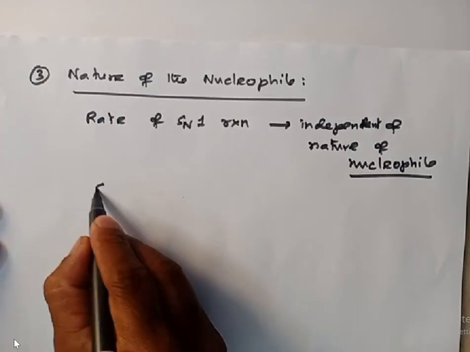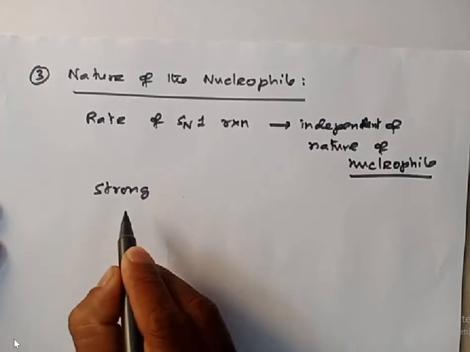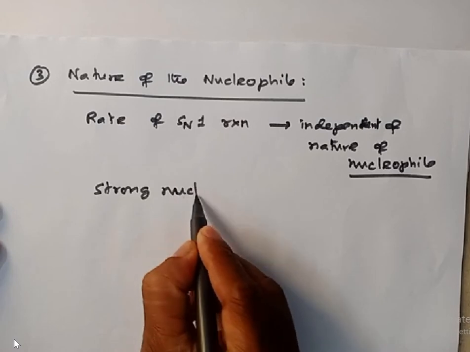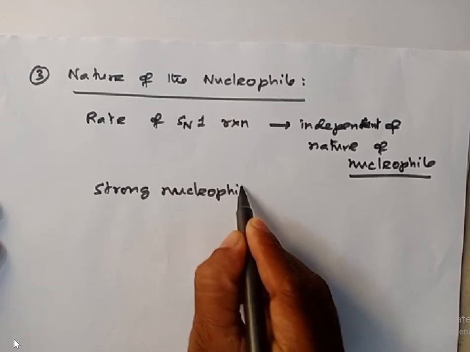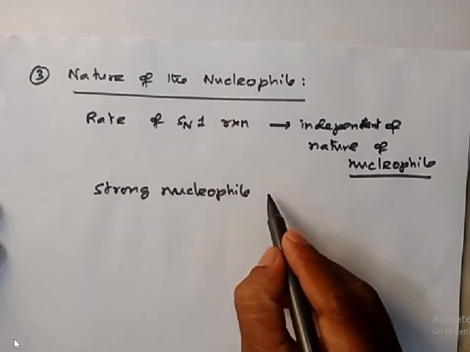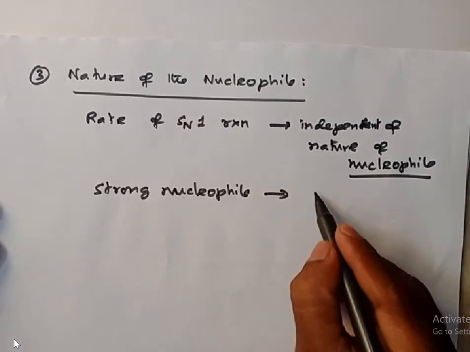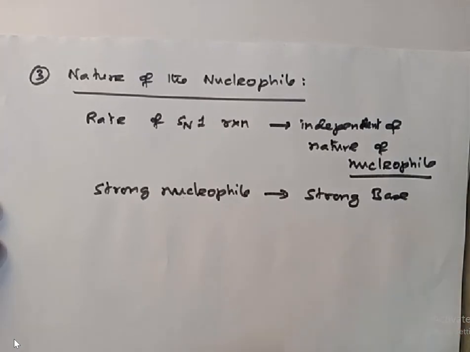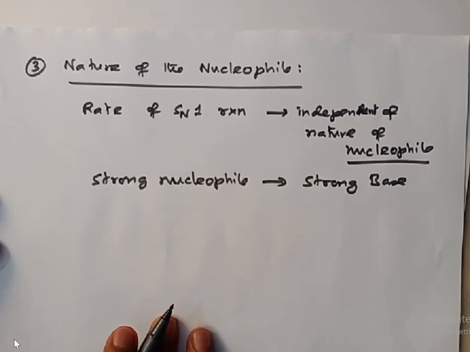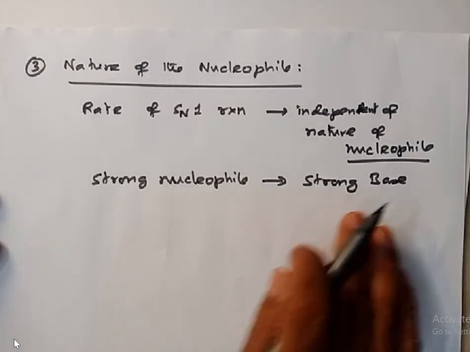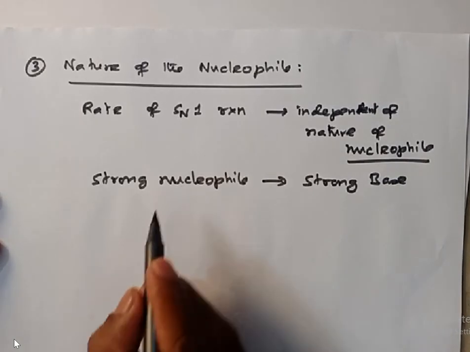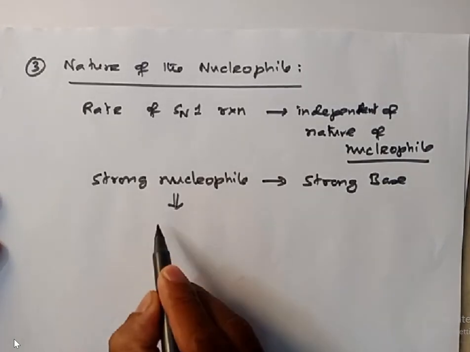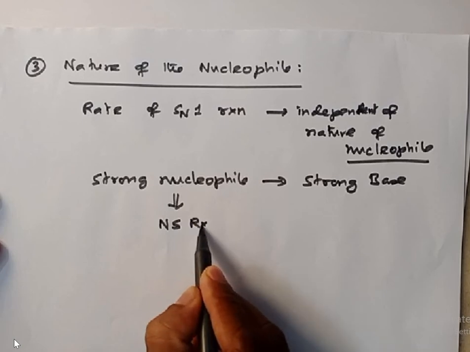If you say a nucleophile is a strong nucleophile, most of the time a strong nucleophile can also act as a strong base. Students, observe this carefully. A strong nucleophile shows nucleophilic substitution reaction.